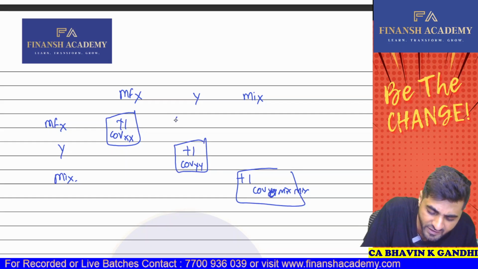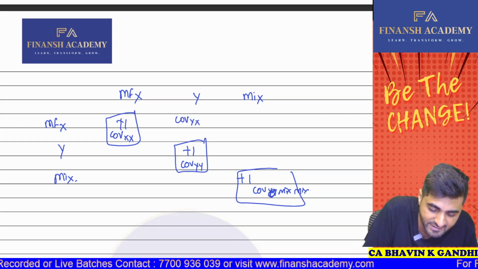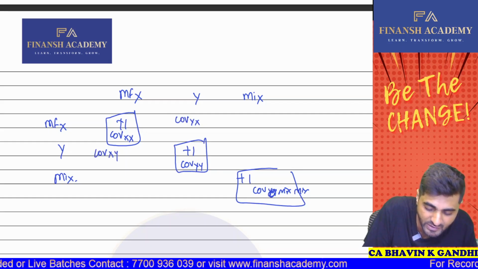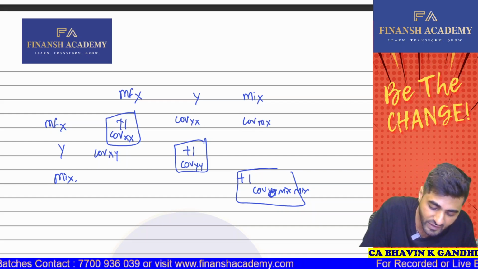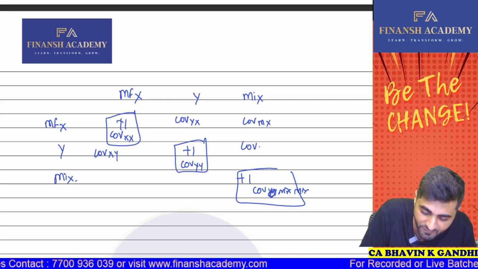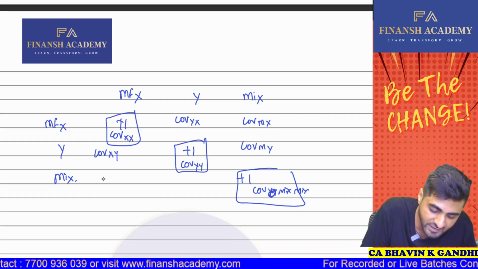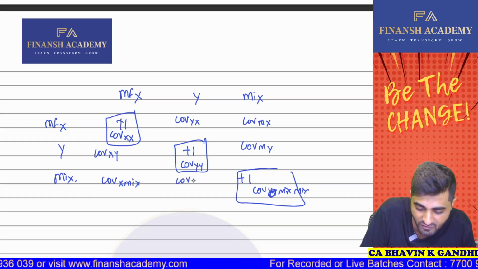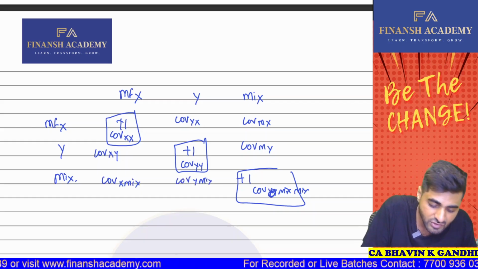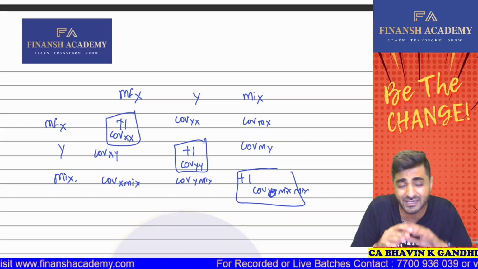Then they have given you covariance of Y with X, covariance of X with Y, covariance of mix with X, covariance of mix with Y, covariance of X with mix, and covariance of Y with mix. So basically they have given you this matrix.